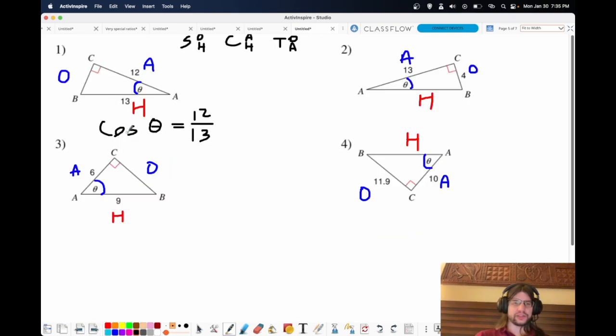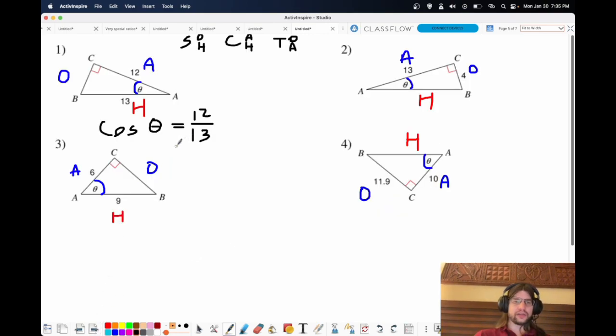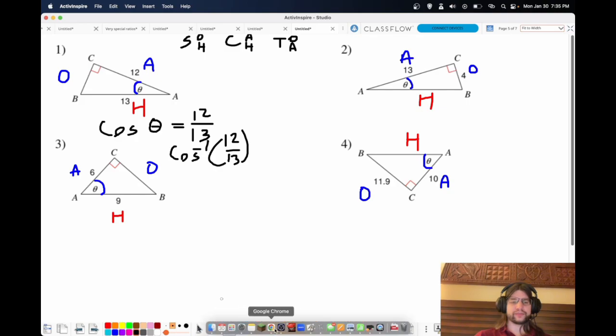In this case, cosine. Type in the ratio and hit equals. So in my calculator, I'm going to type cosine inverse. So shift cosine. And it's going to open up a parenthesis, and I'm going to type in 12 over 13. You can close parenthesis or leave it open. It doesn't matter for this case. And hit equals. I'm going to close it just for completeness.